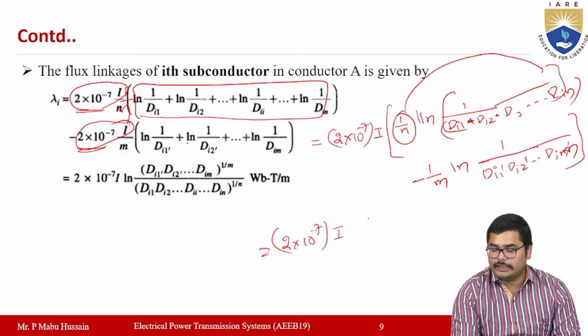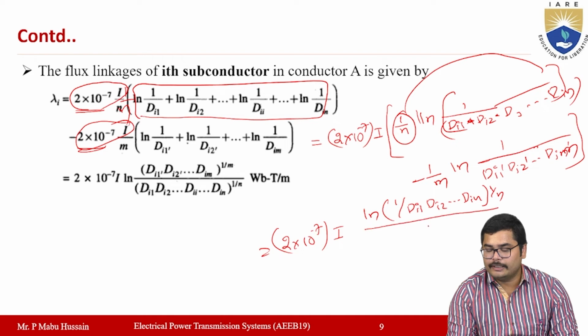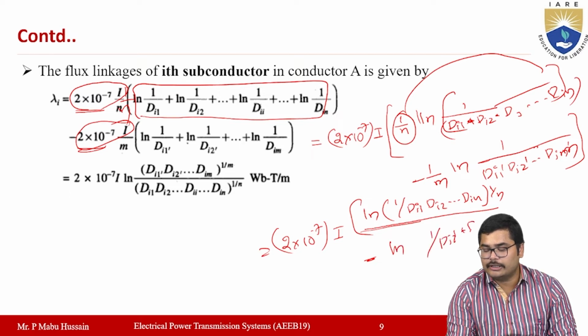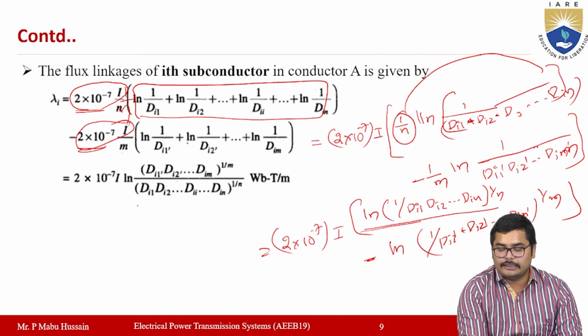So then you will get ln 1 by di1, di2 and so on din, whole to the power of 1 by n, minus ln 1 by di1 dash, di2 dash and so on dim dash, whole to the power of 1 by m. Now this looks like log a minus log b.